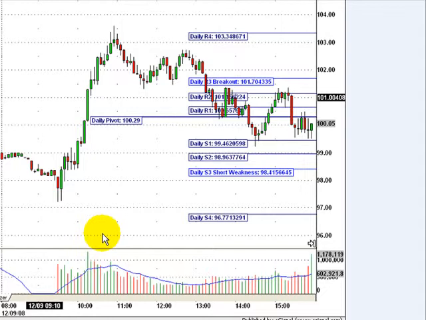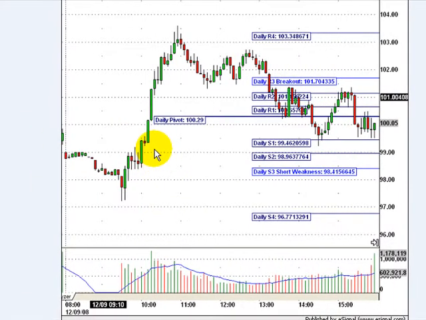What we did in the chat room here, we played Apple right here as it broke out right at the daily pivot. We got long, and our target here was up into the 101.70, and then the final target was this 103.34 area. Told members to exit, scale out over 103.